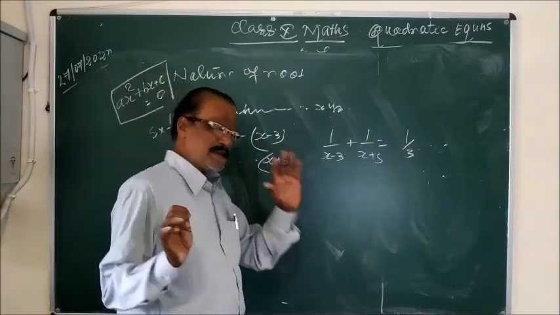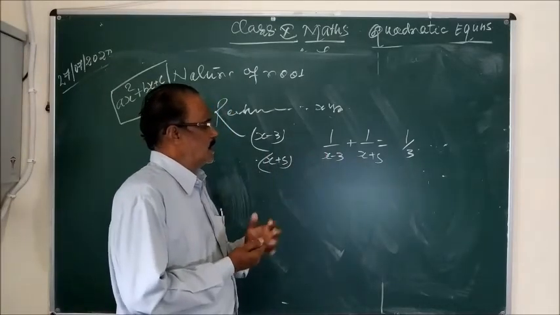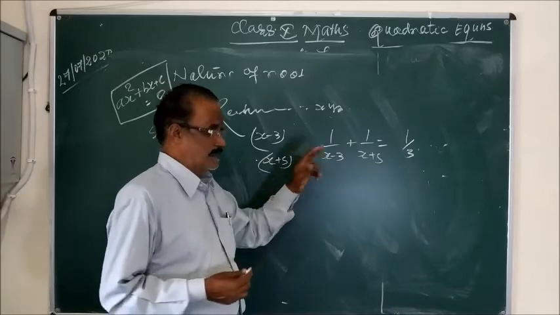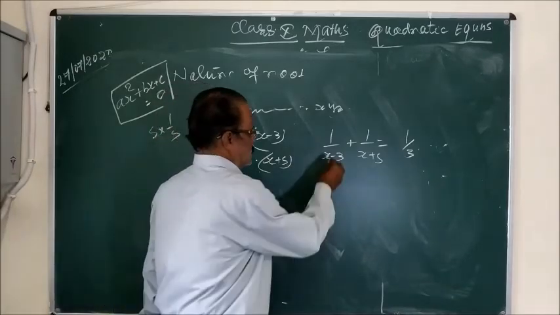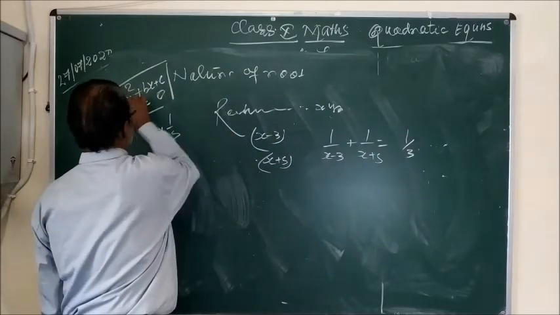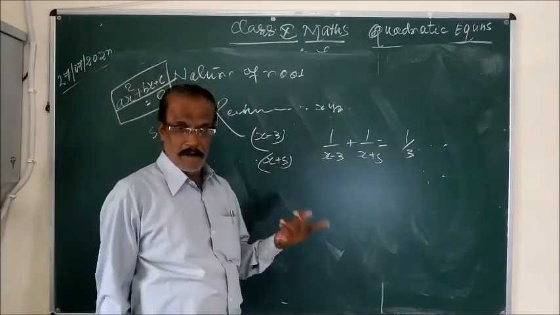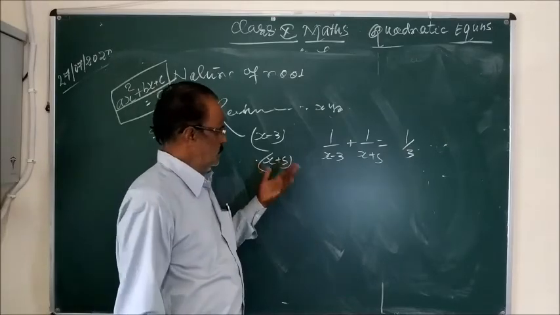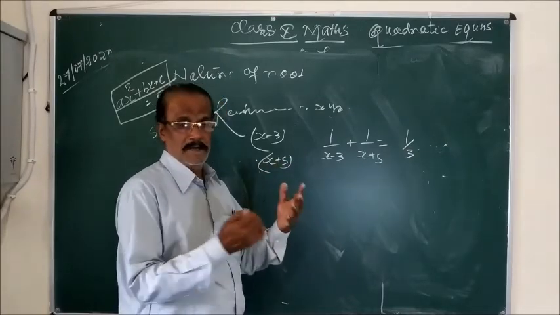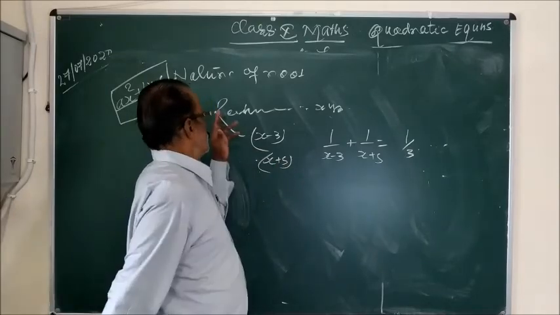Now it looks just like a linear equation, but if you find the LCM and simplify, you will get it in quadratic form, and then you can find the value of x by using the quadratic formula, by factorization, or by completing the square.